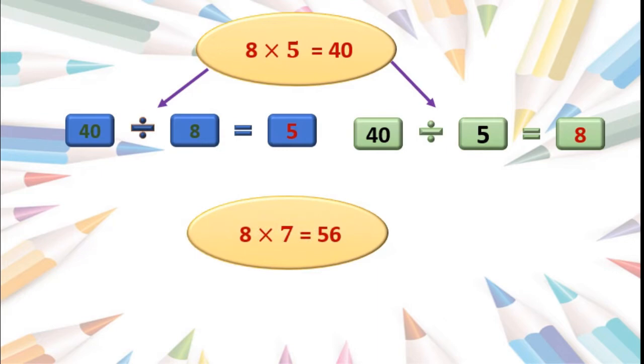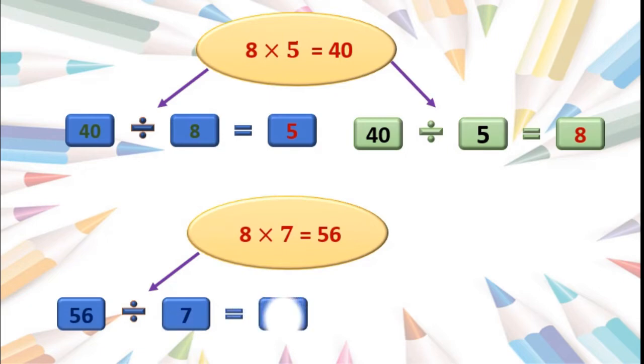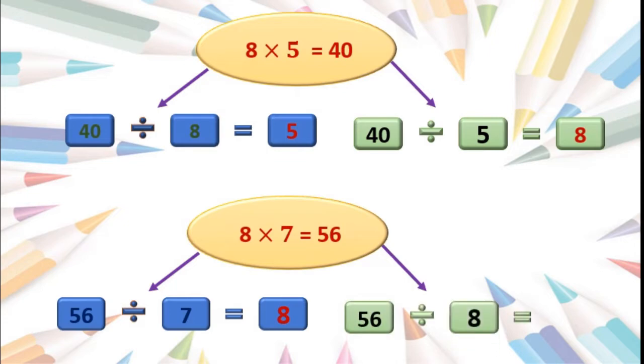Okay, we will take 56 divided by 7 is equal to 8. We know now the same three numbers repeat but the order changes, isn't it? Here 56 divided by 8 is equal to 7 because 8 7s are 56, isn't it?